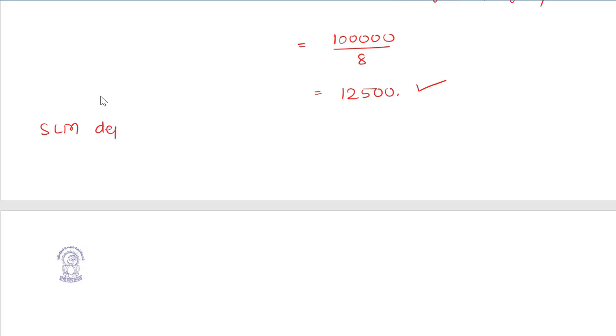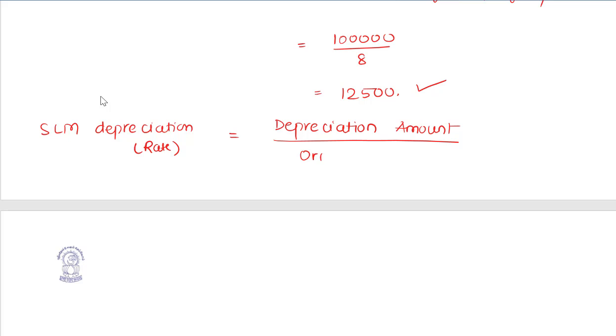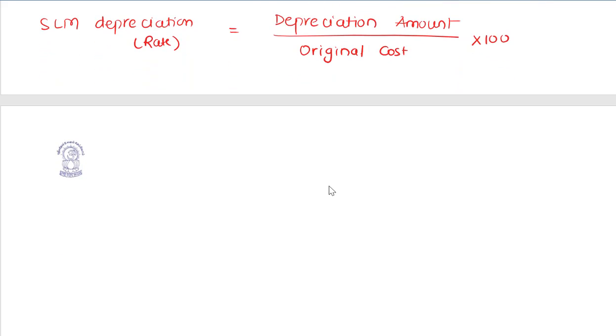The next is SLM depreciation rate. How will we find that? We write the depreciation amount divided by original cost, multiplied by 100. So depreciation amount is 12,500.